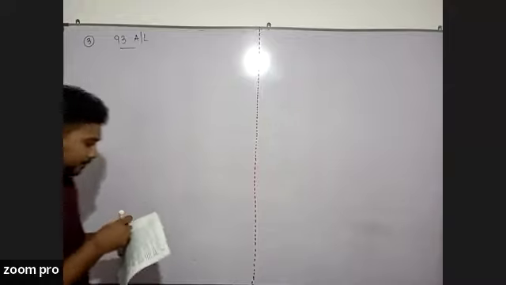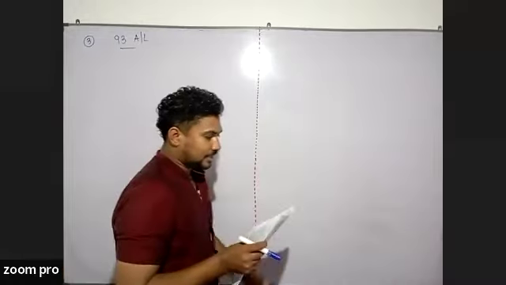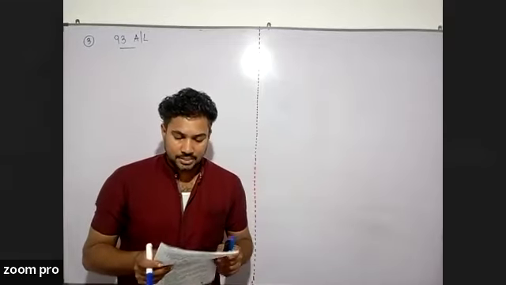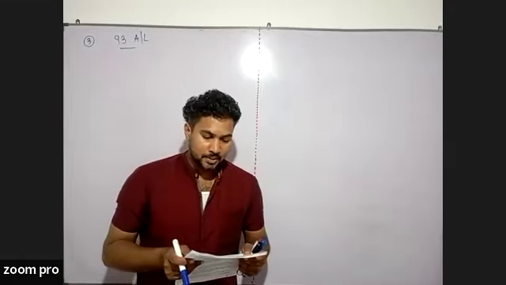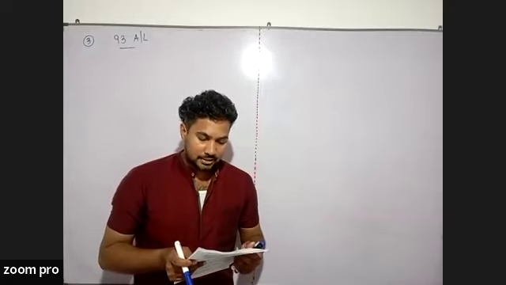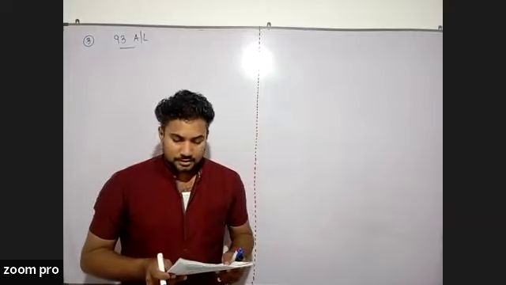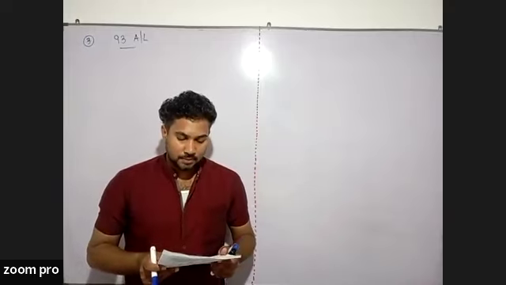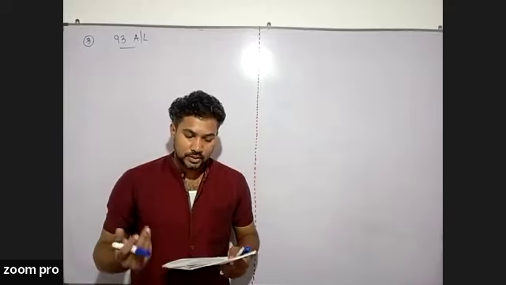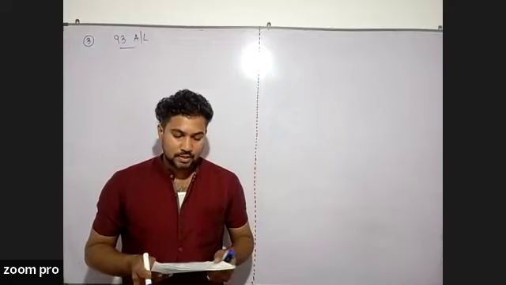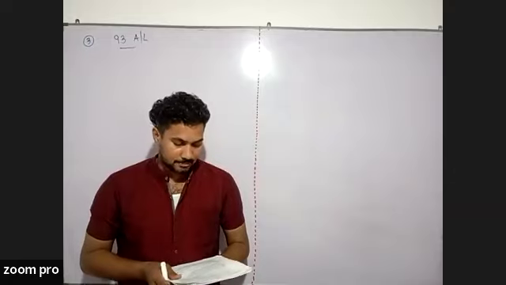A rigid gas at 27 Celsius is trapped in a vessel at atmospheric pressure by placing a light lid on the mouth of the vessel as shown. The area of cross section of the mouth of the vessel is 1 square centimeter and the atmospheric pressure is 1 into 10 to the power 5 Pascal.